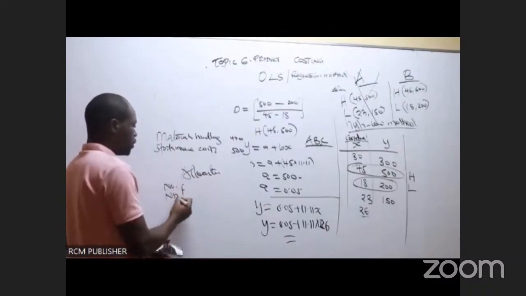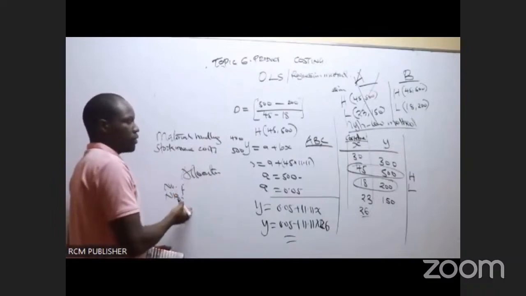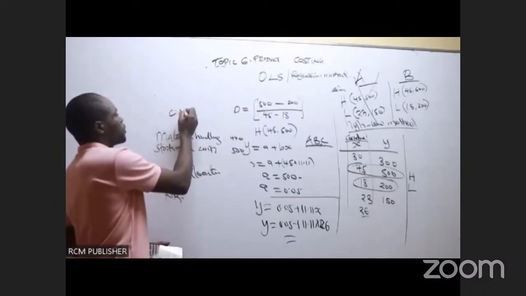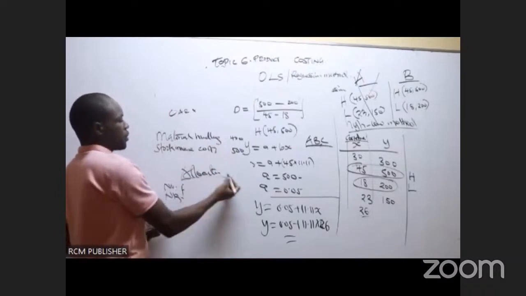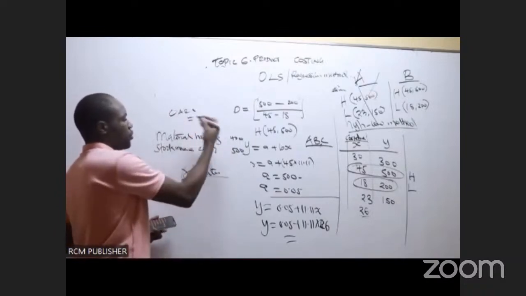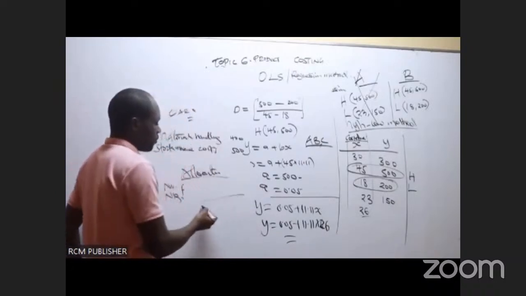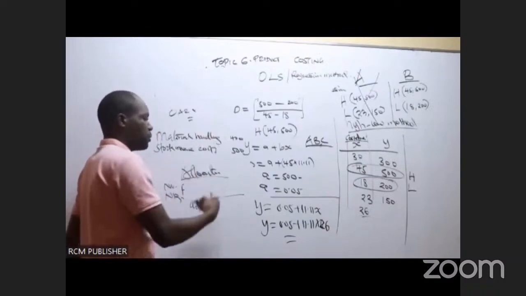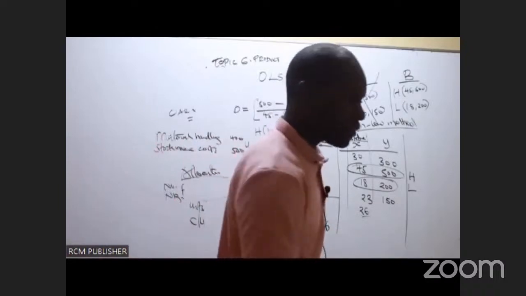You have number of employees, net book value. Then you do the distribution of these overheads, whereby you get the overhead absorption rate, then you multiply by the actual activity level or the allocation basis for you to get the overheads shared to each department. At the end of the day, you are given units for you to get the cost per unit of output for each department. Please ensure that you are also conversant with that.